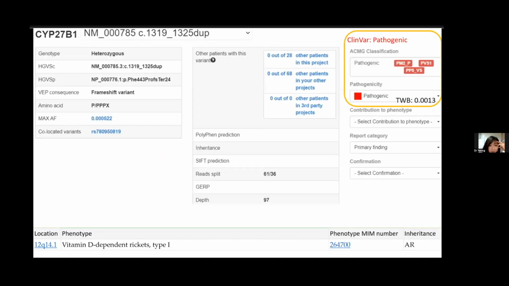And the first, frameshift mutation is confirmed to be a pathogenic mutation according to the ACMG classification guideline. And the prevalence in Taiwan is 1.3 out of 1,000.